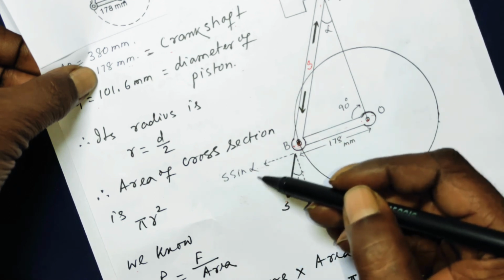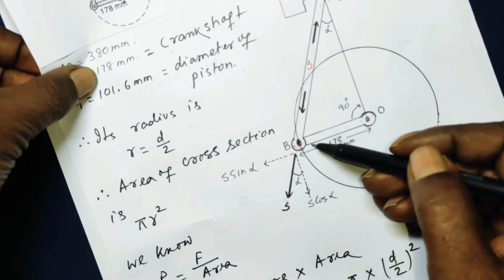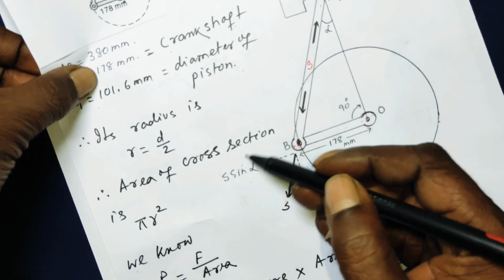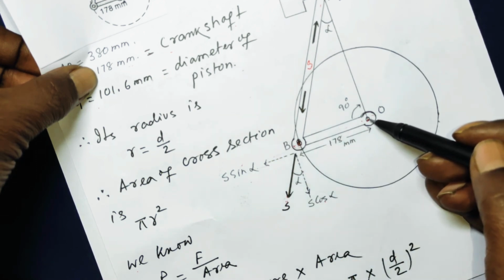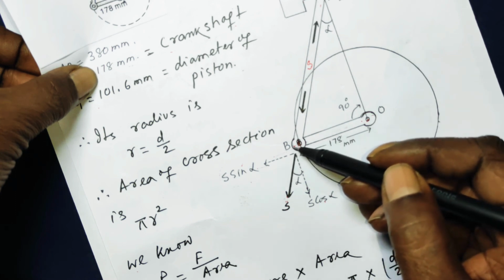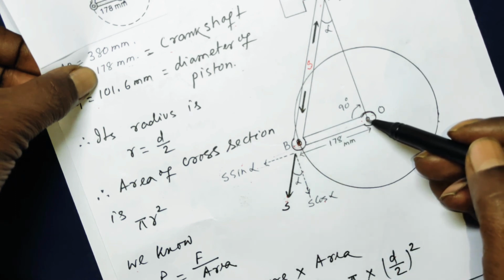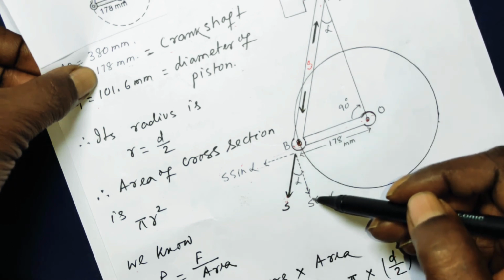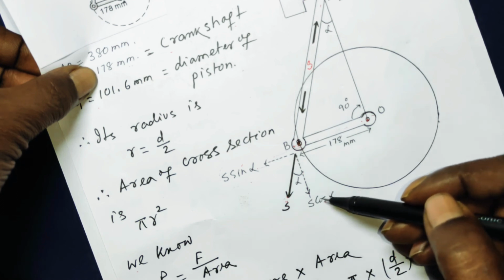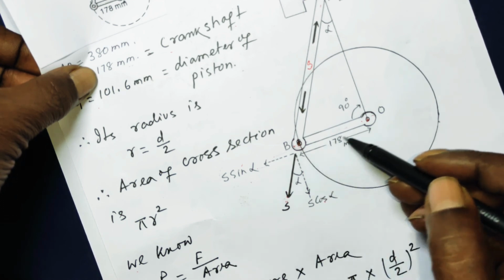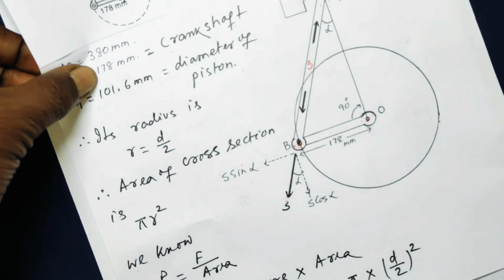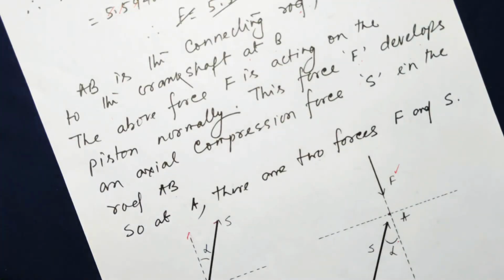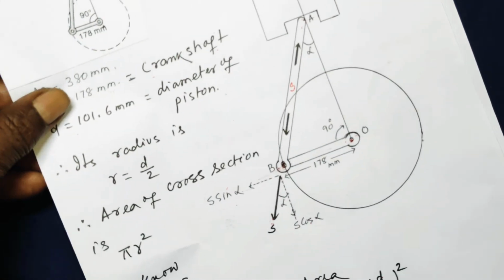The line of action of S sin alpha passes through the point O, so this does not have a turning effect for the crankshaft about O. Rather, S cos alpha has a turning effect because S cos alpha has a perpendicular distance from point O. That is the final part of it.